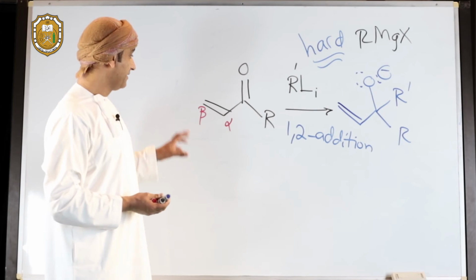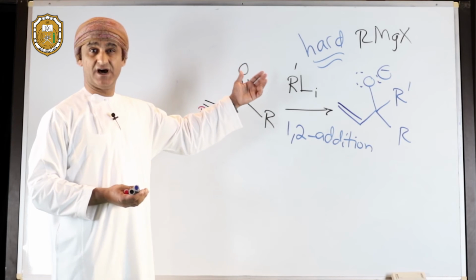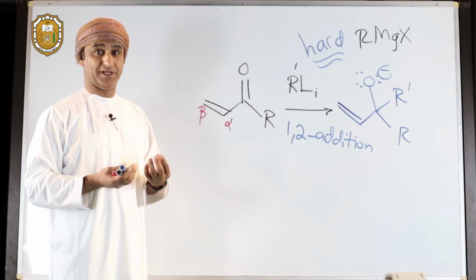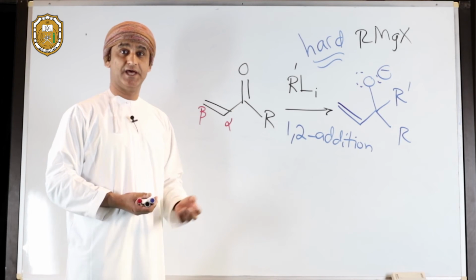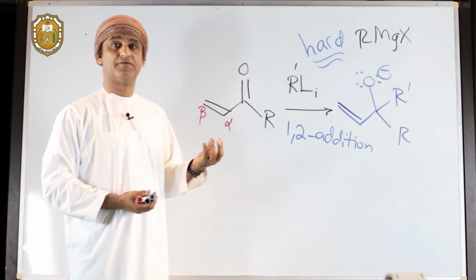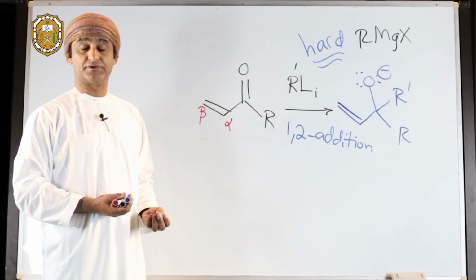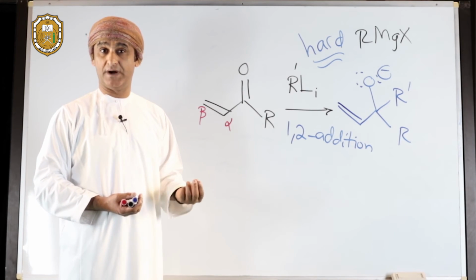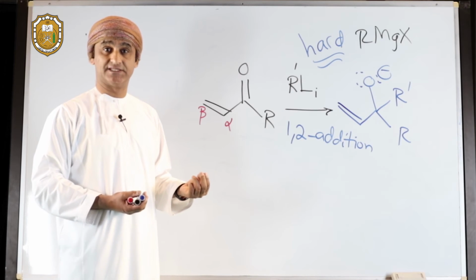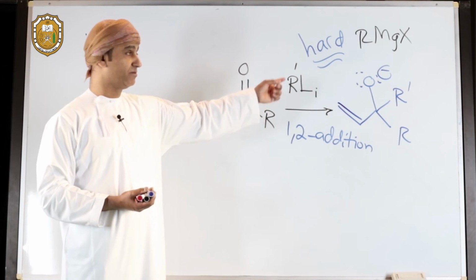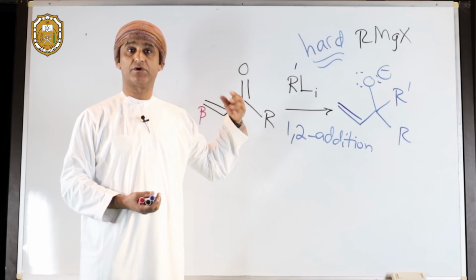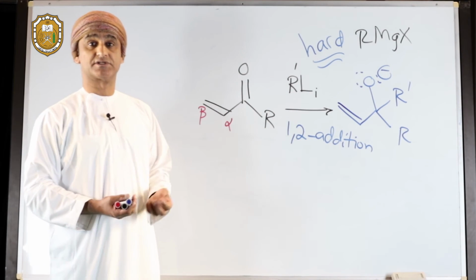Now, other nucleophiles which are not as hard or as strong, the moderate nucleophiles, and here we talk specifically about organocopper reagents or Gilman type reagents where R is bonded to a copper, and of course copper is not as electropositive as lithium or magnesium as in the organolithium reagents or Grignards respectively.